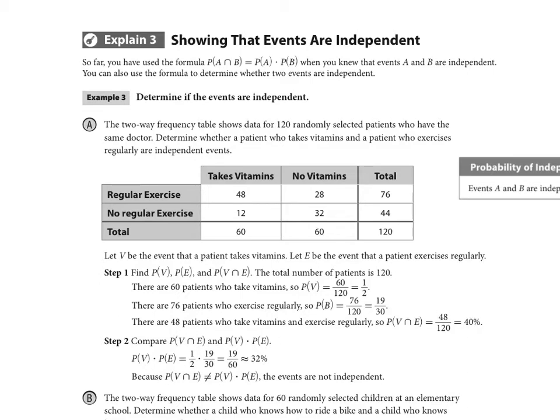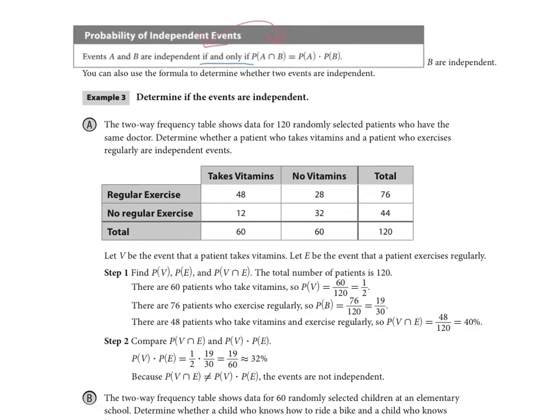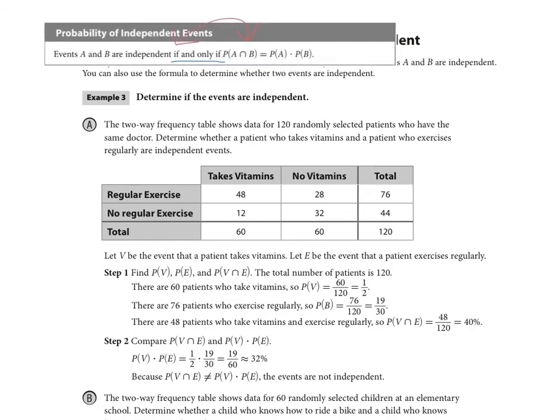Remember, in the previous part of this video, we talked about this definition, the probability of independent events. I said this was an if and only if situation, which means the logic goes both directions. We used it to calculate the probability.